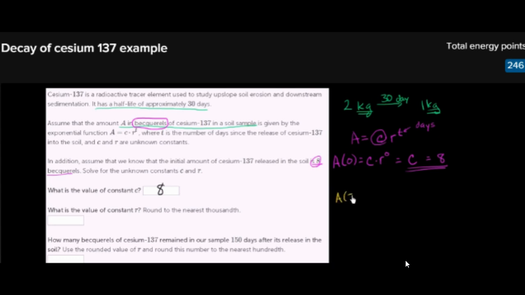So after 30 days, if I want to use this formula, we already know that C is 8. It's going to be 8 times R to the 30th power, which is going to be equal to what? Well, if we started with 8, 30 days later we're going to have half as much. We're going to have 4 becquerels.